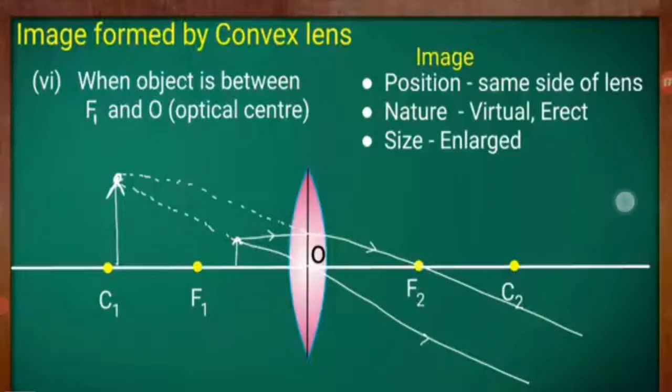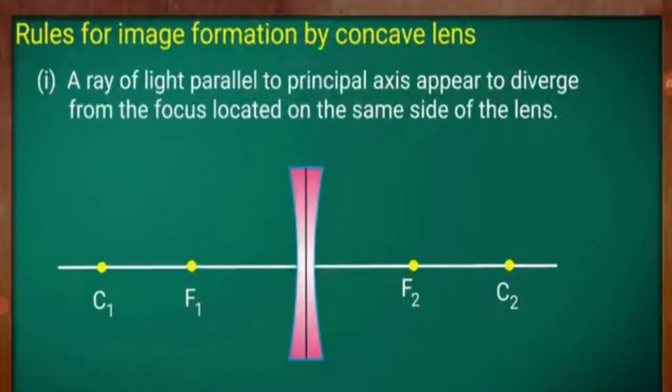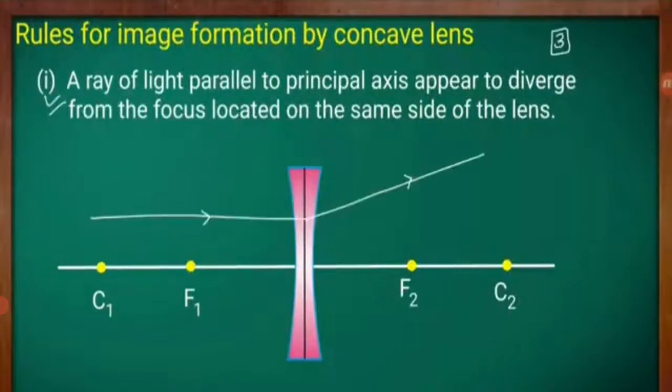So now let us know about the rules for the image formation by concave lens. There are 2 rules, children, here also. A ray of light parallel to the principal axis appears to diverge from the focus located on the same side of the lens. If I consider a ray of light parallel to the principal axis, now when I extend that, the light ray is diverged after it passes through the concave lens.